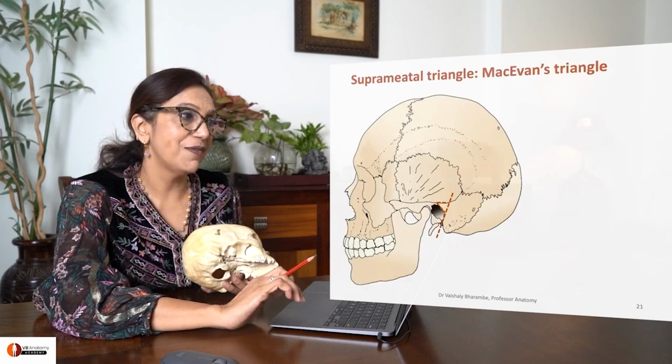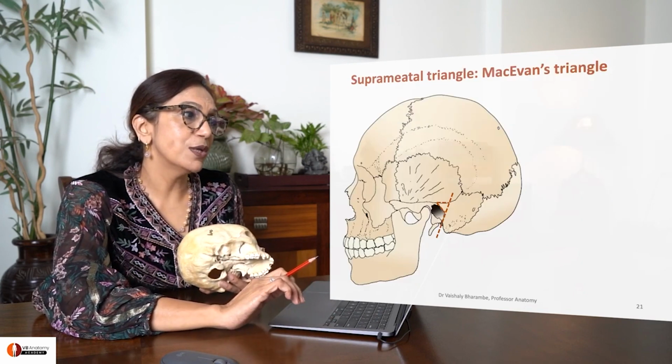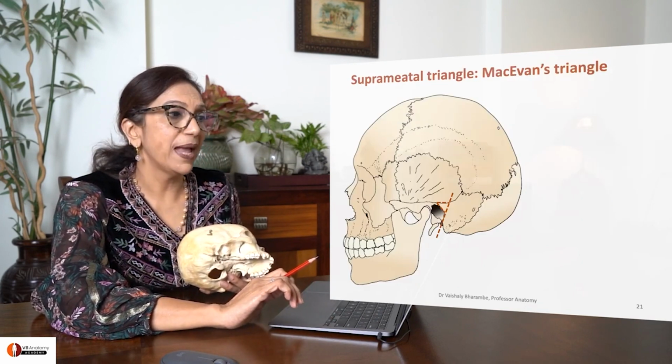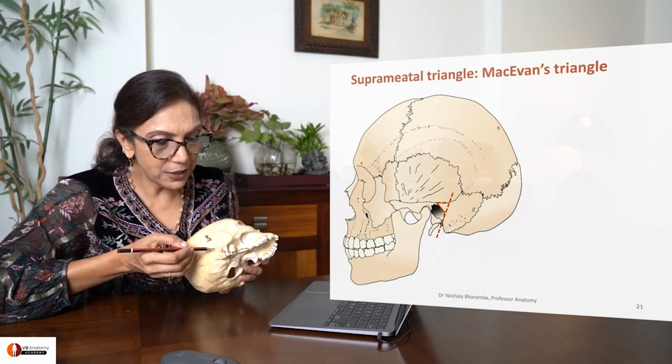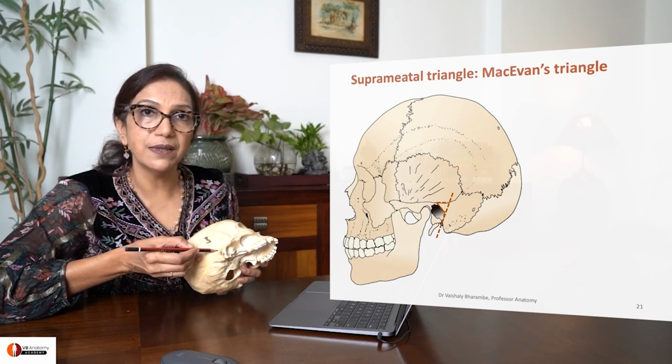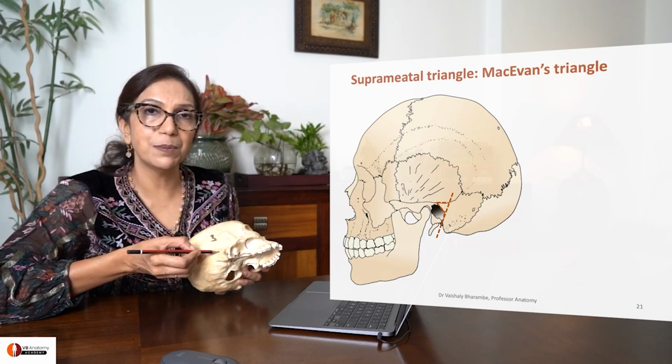Okay, fine. So now let's talk about the suprameatal triangle, or MacEwen's triangle. That was the note I asked you about. This is a tiny triangular area found just behind the external acoustic meatus.